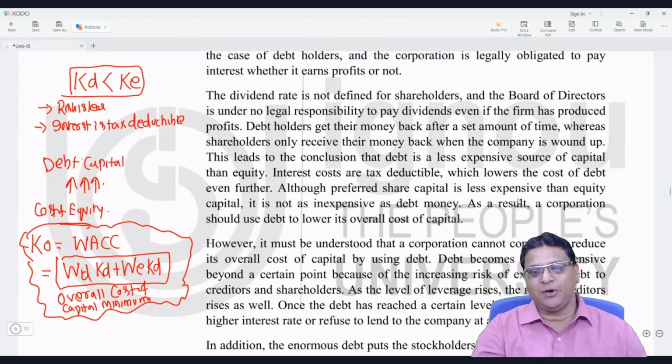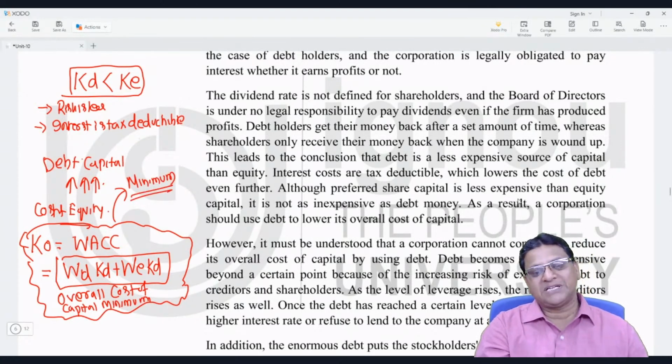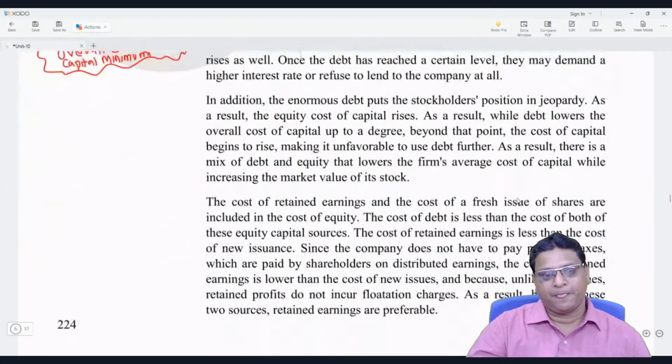So we have to find out the WACC in different capital structures, and the capital structure where KO is minimum is known as the optimum or best capital structure. We will discuss this with the help of one example and it will be clear.